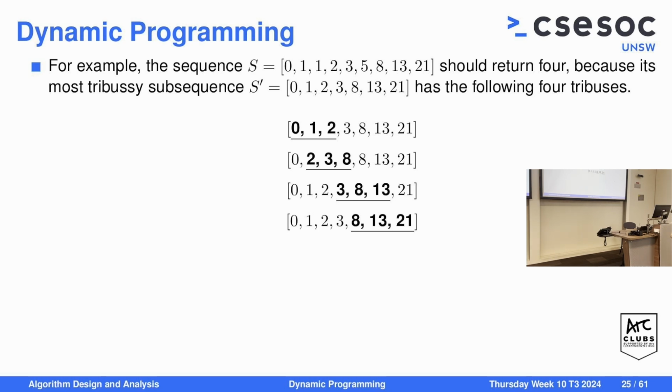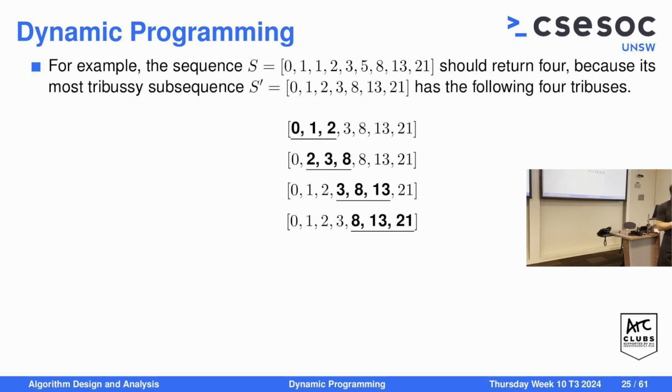Like we could say that our sub-problem is the most tribossy subsequence of S ending at some index I. We could even define it as between two numbers, and this would all lead to different recurrences between them, and possibly a lot of them may not work. So my question is, what is your sub-problem in that case?